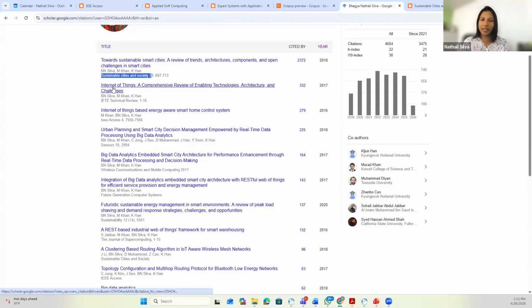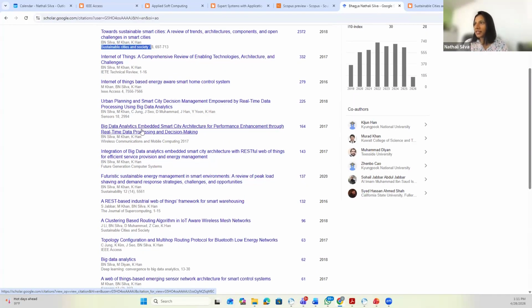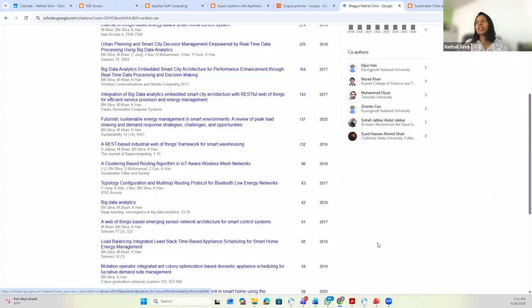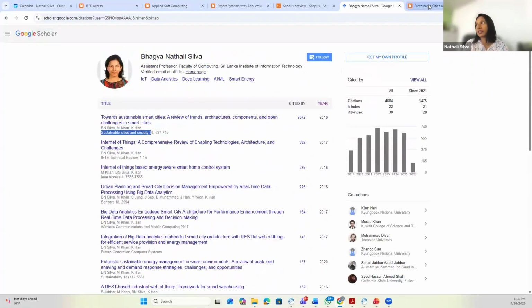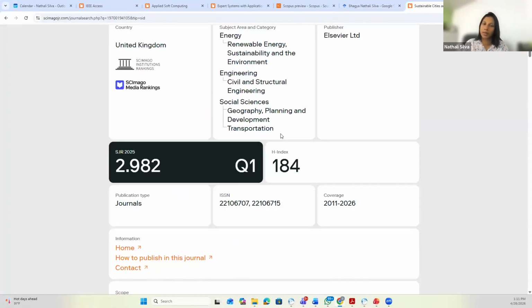IET technical review, again, subscription based. But these two are open access. And after that, this is subscription. Most of the articles that I have are subscription based ones.